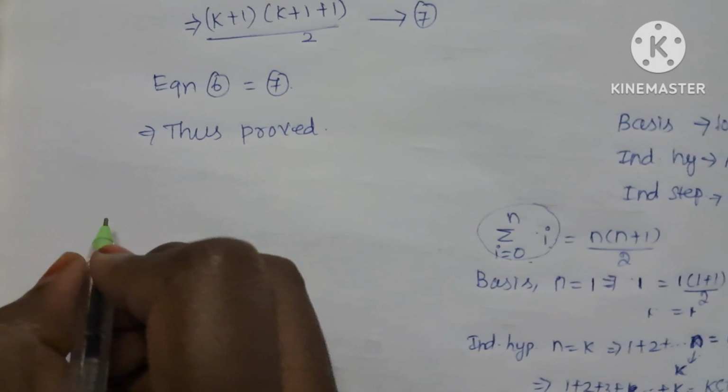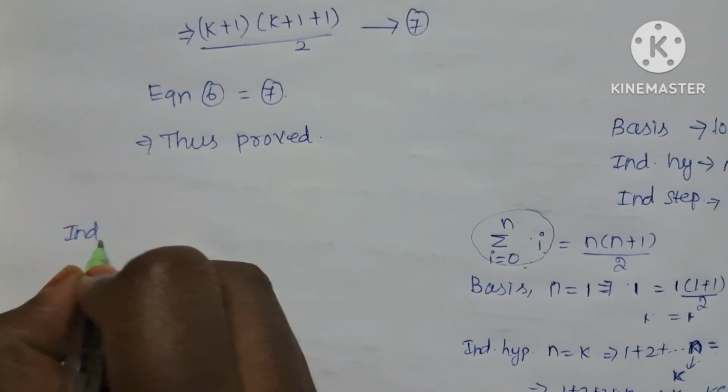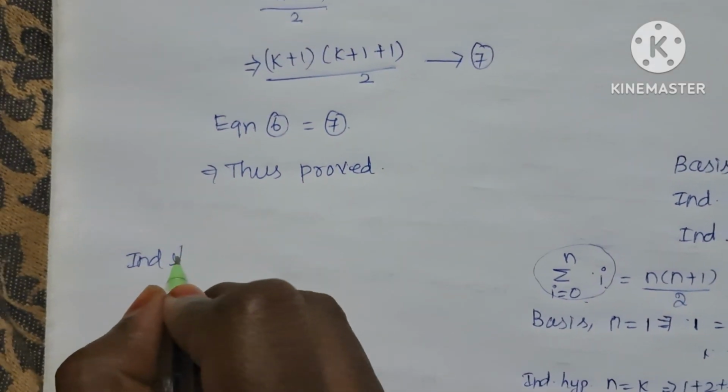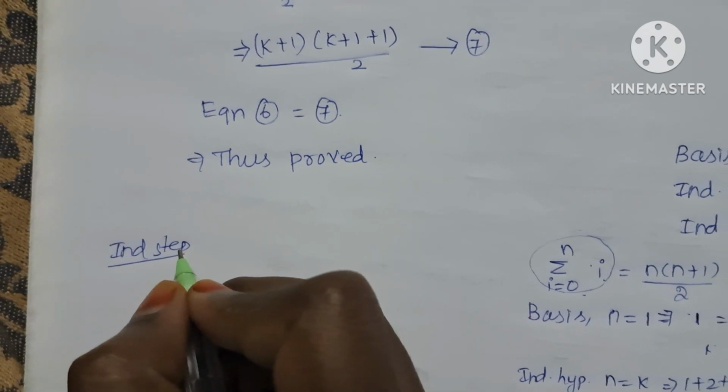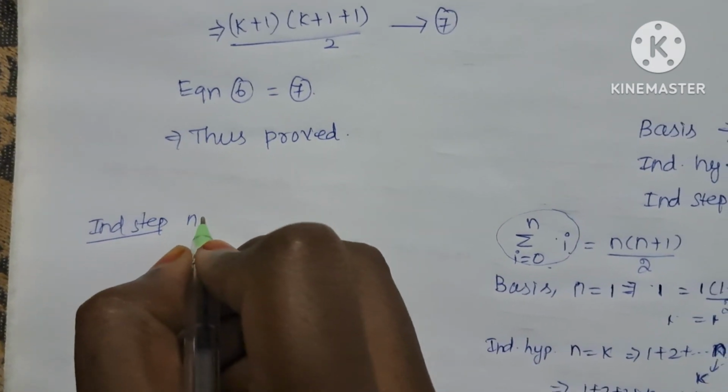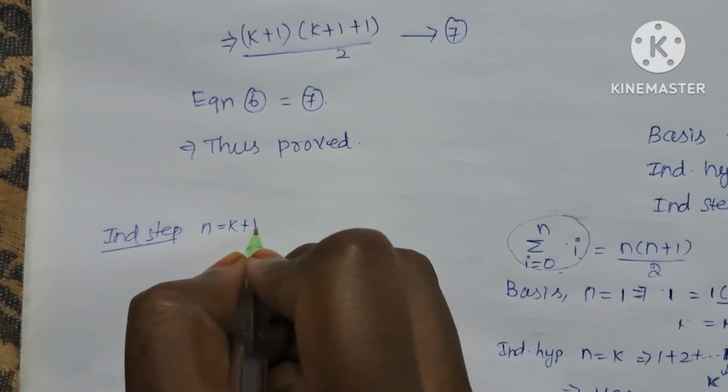In inductive step, the third step, we are assigning n equal to k plus 1.